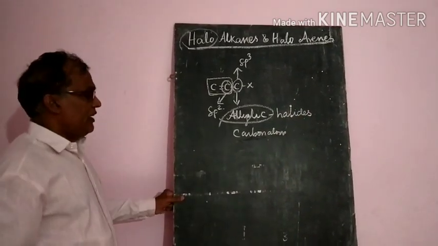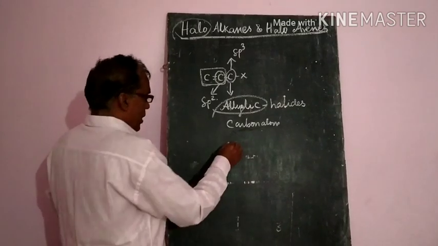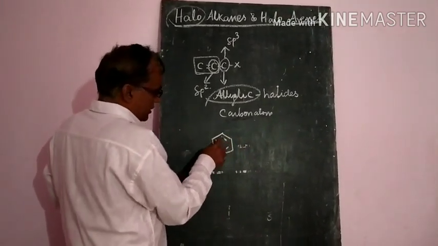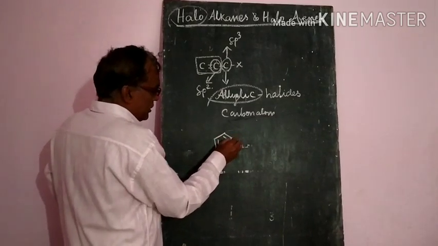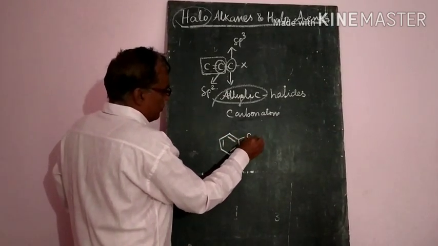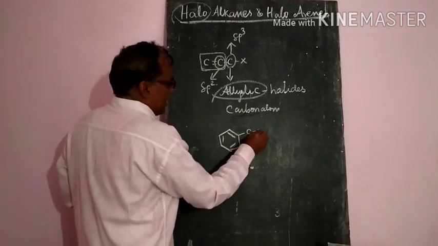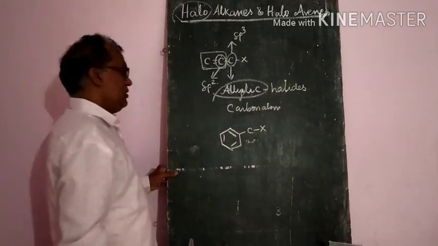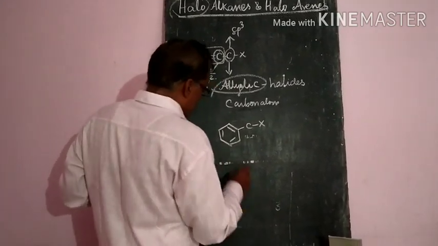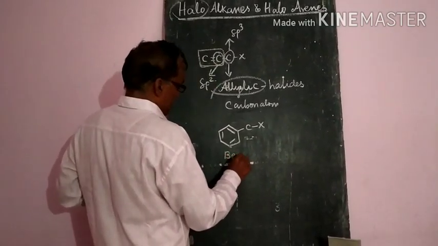Try to understand it. But in the arene compounds, all these double bonds are there. Adjacent to the double bond, one carbon atom should be there, and that carbon atom should hold the halogen atom. This is called the benzylic carbon atom.